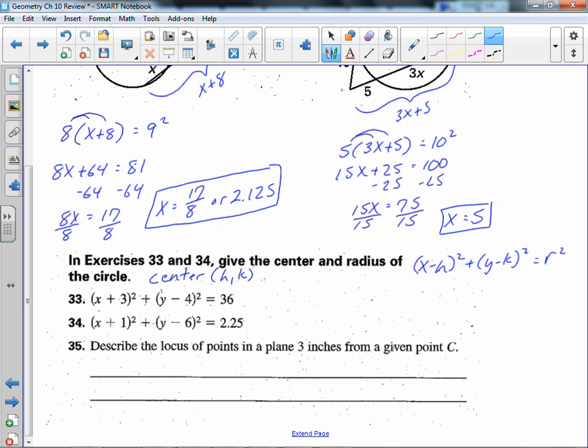So for 33, the h is what we're subtracting from the x, and since that's plus 3, we had to be subtracting a negative 3. And k, we're subtracting a positive 4, subtracting 4 from that. So remember, when you pull h and k out, they're always the opposite sign of what they are in the equation.